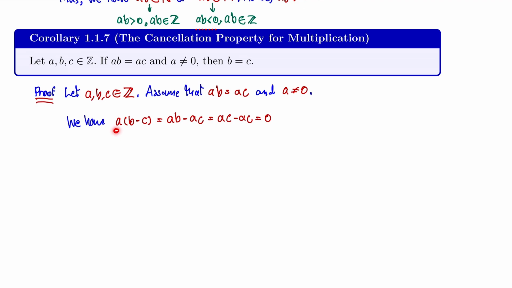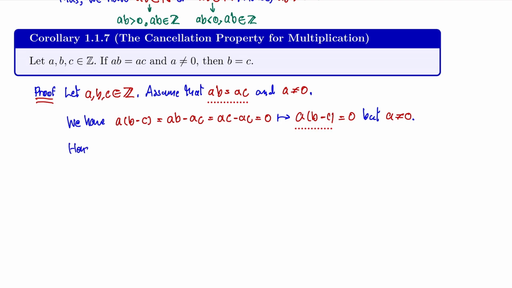Now you have a times (b minus c) equals 0. But a cannot be 0. Once a cannot be 0, the only one that can be 0 is b minus c.